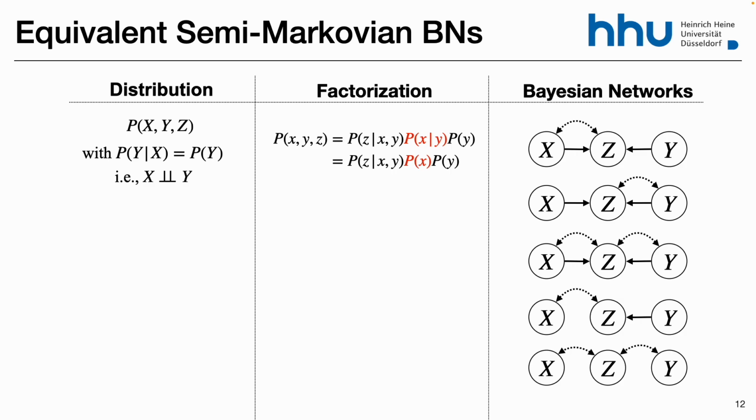Here Z is still a collider, with Y pointing to Z and X pointing to Z, as in the Markovian case we just saw. In the semi-Markovian case, it's much more complicated to derive which diagrams are compatible with or represent the distribution that we have in hand.